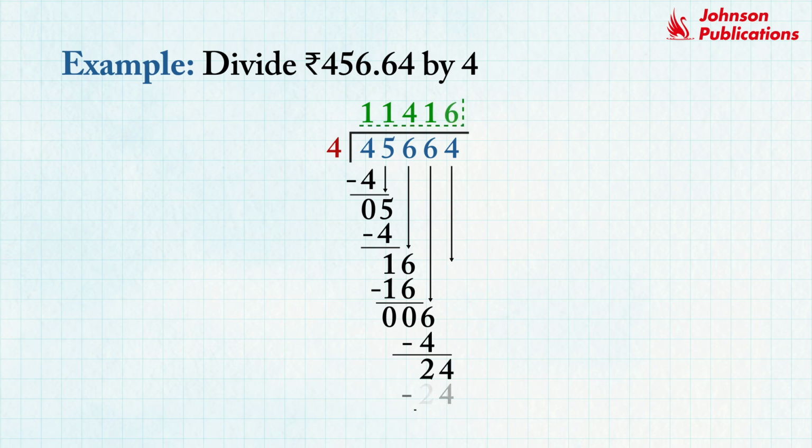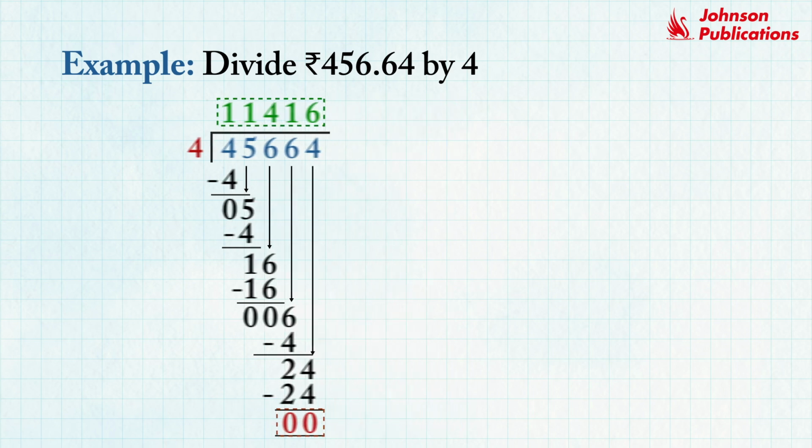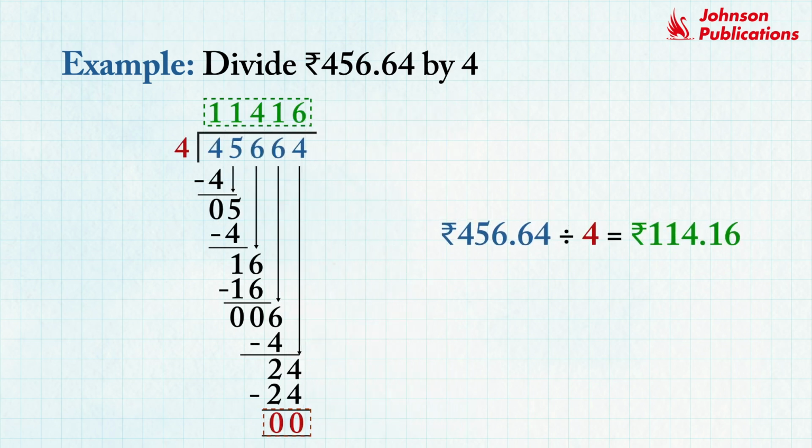Hence, the quotient is equal to 11,416 and the remainder is equal to 0. Now on placing dot after two places from the right, we get the quotient 114.16. Hence, rupees 456.64 divided by 4 equals rupees 114.16.